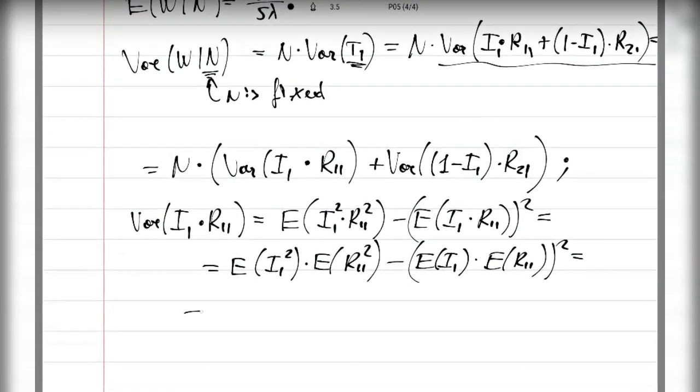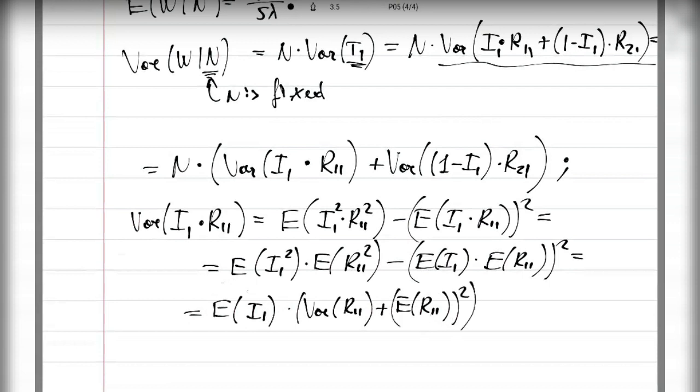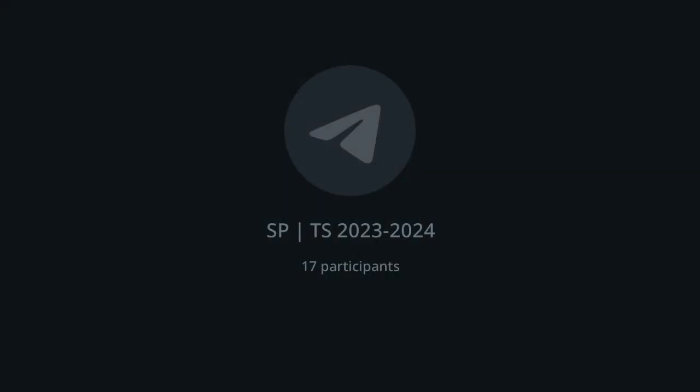What do we have? We have the expected value of I1 times (the variance of R11 plus the expected value of R11 squared), minus the expected value of I1 times the expected value of R11, squared. Yeah, and we are done.